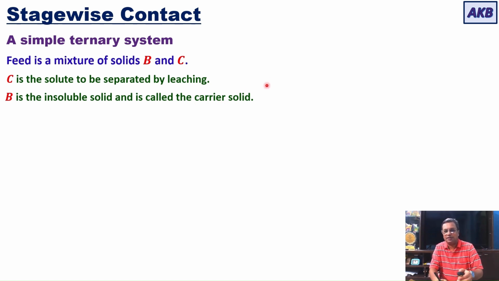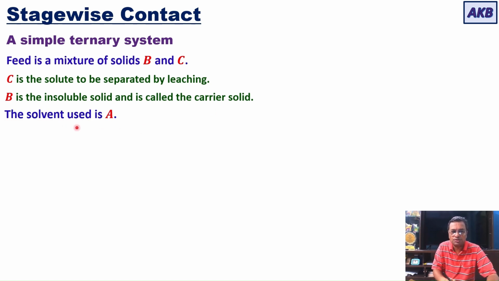So feed is containing two solids, B and C. Out of this, C is to be recovered by using leaching and therefore it will be soluble in the solvent, whereas the other solid, that is solid B, is considered to be insoluble and it will not be soluble in the solvent. We call solid B the carrier solid.